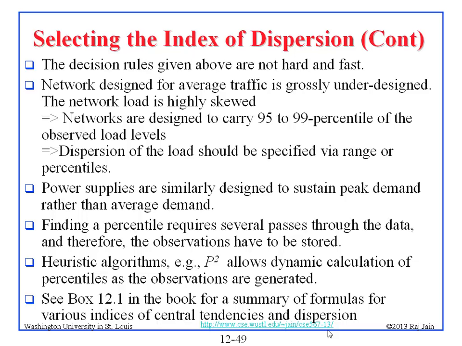All right, so I think this is the English version of the previous flowchart. Let's just go through it. The decision rules are not hard and fast, first of all, and there are systems in which all these rules are violated. So here is an example. For example, network. You never design a network for average traffic. The average traffic on the network is 2%, right?